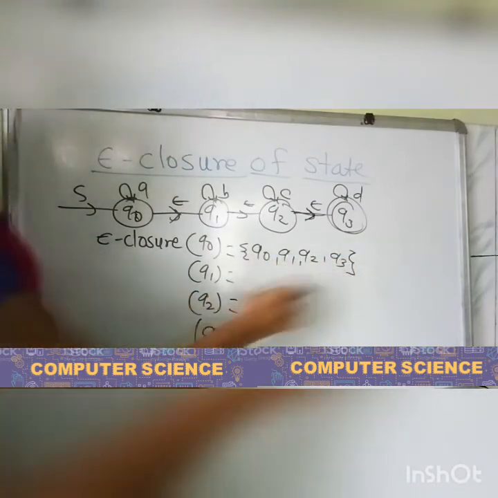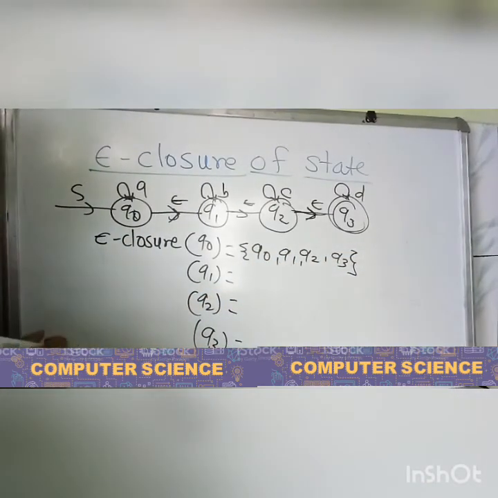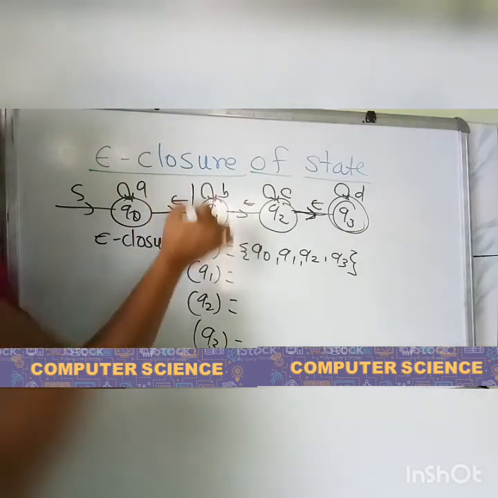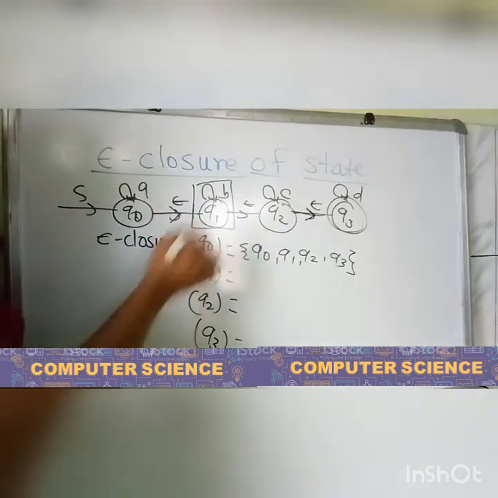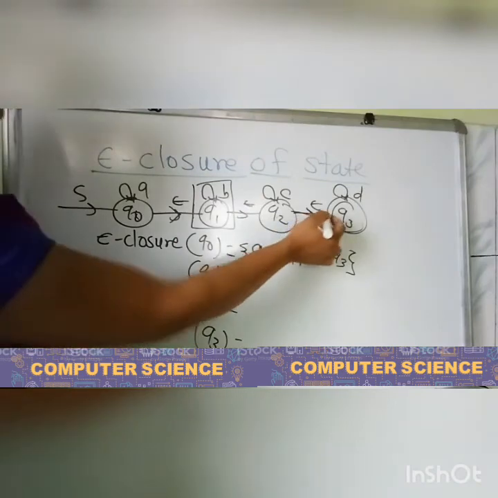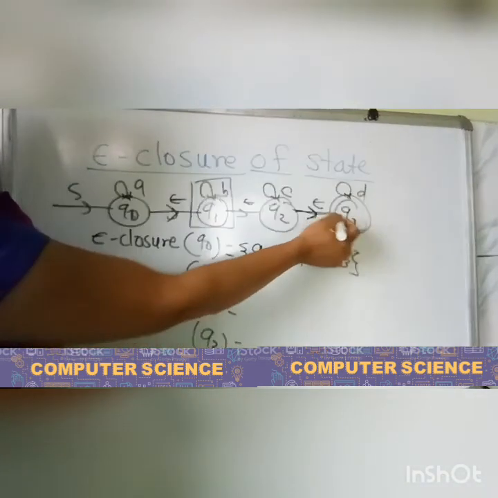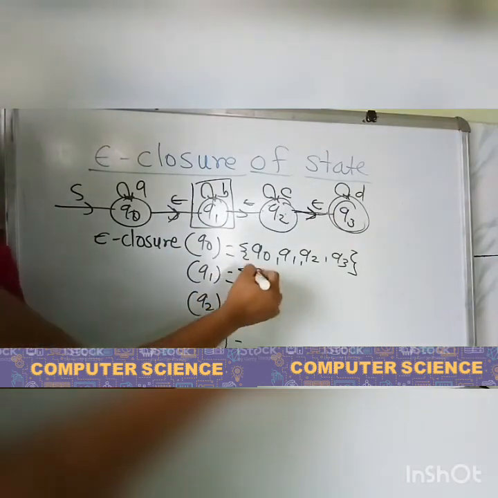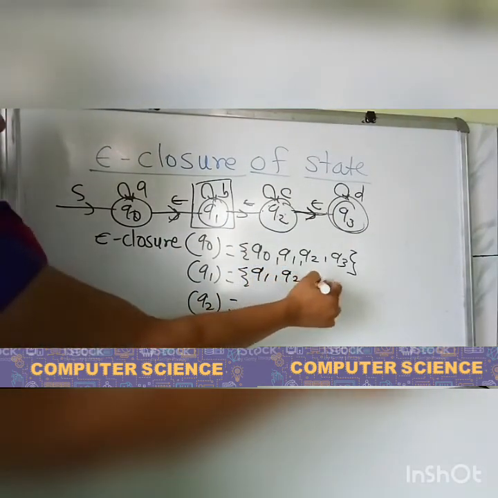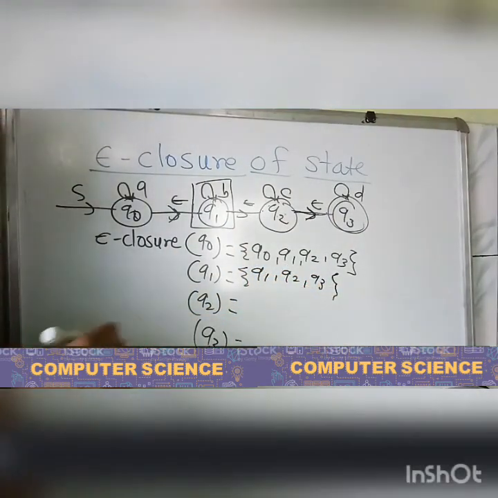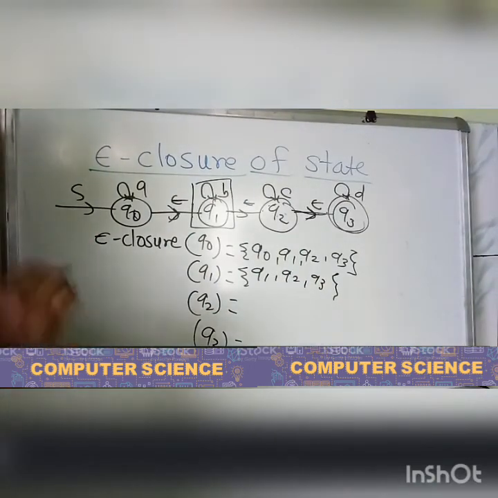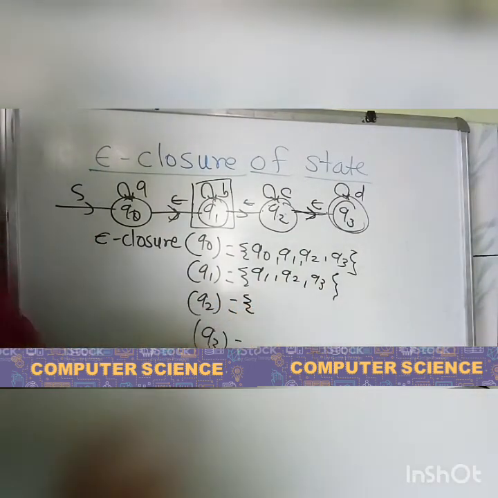These are the states in the epsilon closure of Q0. Now, what about Q1? Q1 is connected with Q2 and Q3 by epsilon, directly with Q2 and indirectly with Q3 through Q2. So the states Q1, Q2, Q3 will come into the epsilon closure of Q1.